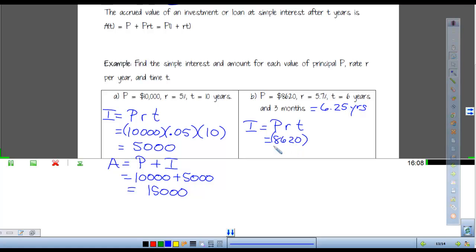Our rate in decimal is what? Okay, very good. And we just said the time is 6.25. Okay, I got 3,070.89 for interest.